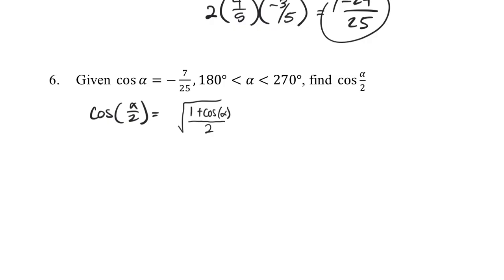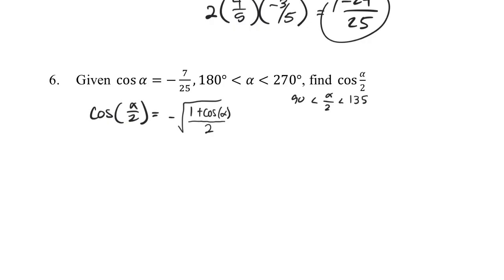So if alpha is in between 180 and 270, then alpha divided by 2 is going to be between half of 180, which is 90, and half of 270, which is 135. So 90 to 135, that's in quadrant 2. Cosine in quadrant 2 is negative.